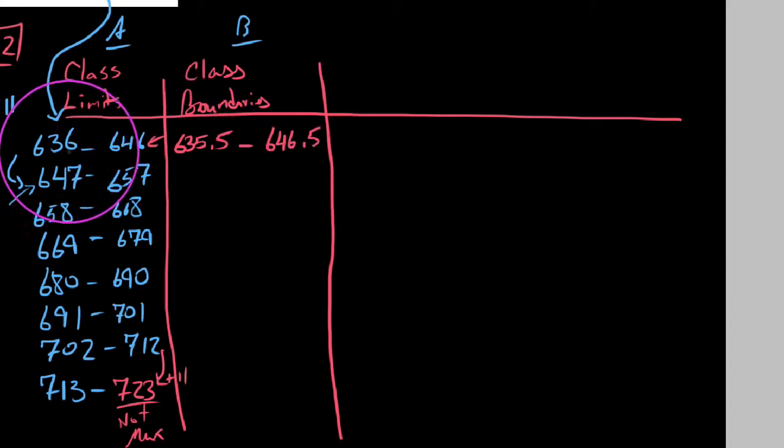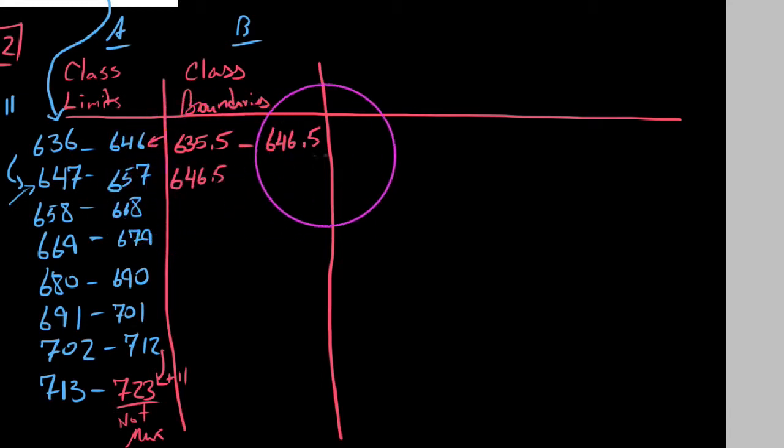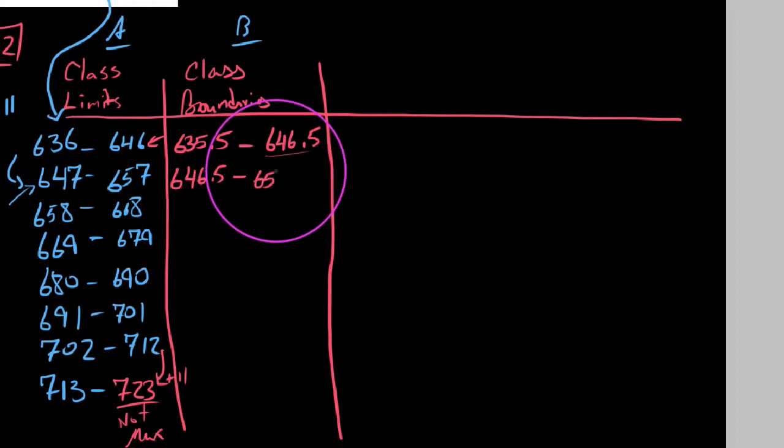So you take a half off the lower class limit, you put a half on top of the upper class limit. Thing is that you notice if you took a half off of 647 for this next one, you'd get 646.5, which is the same thing you ended your last class with. And this should happen. They should run up against each other like that so that we have no gap. So 657.5.